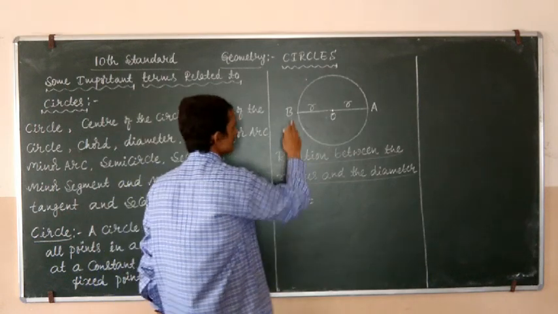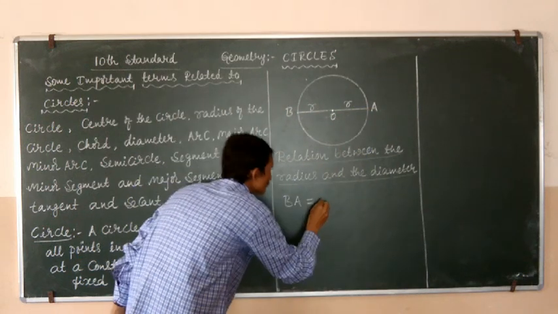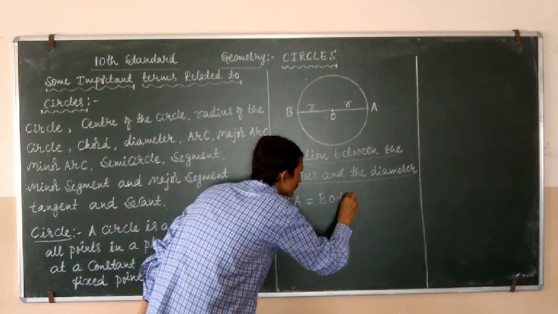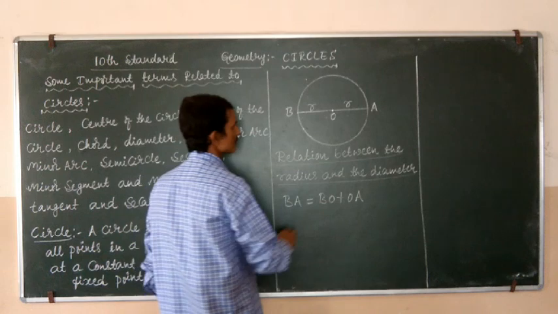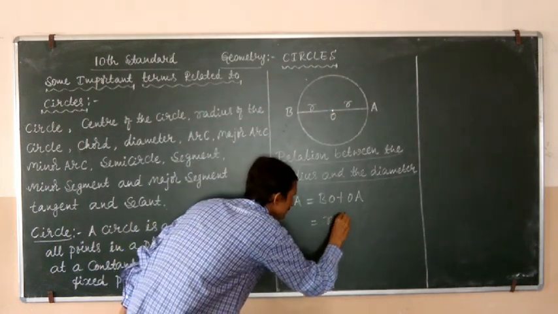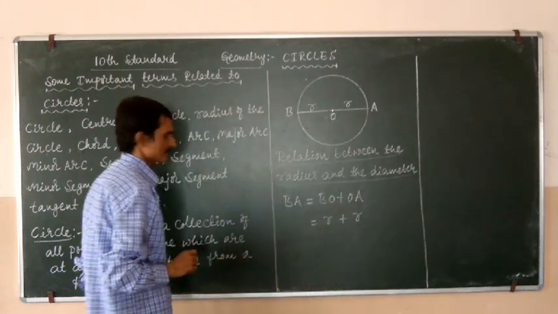So therefore, diameter BA equals, we are going to add both the radii, BO plus OA. BO is nothing but R, plus OA is nothing but R, that is radius.